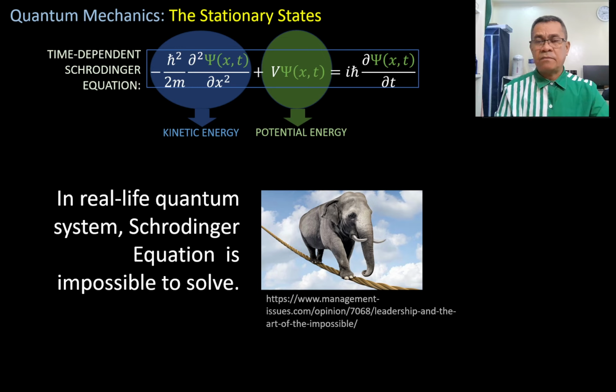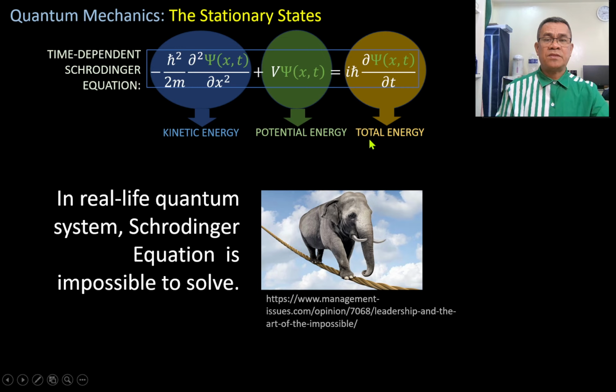So summing up that interaction, we call that the total potential energy within the system.